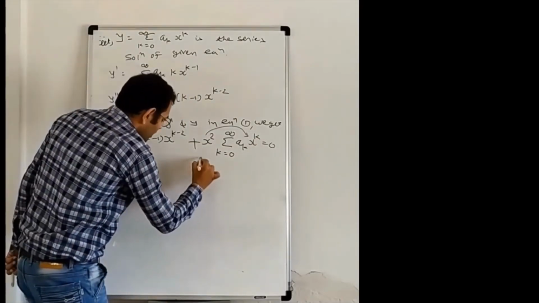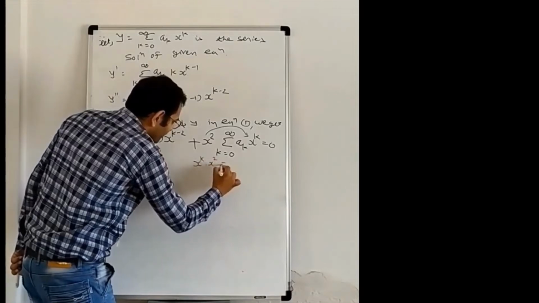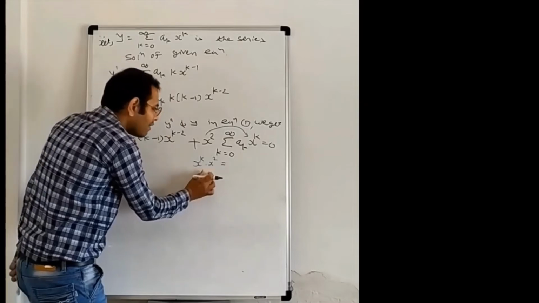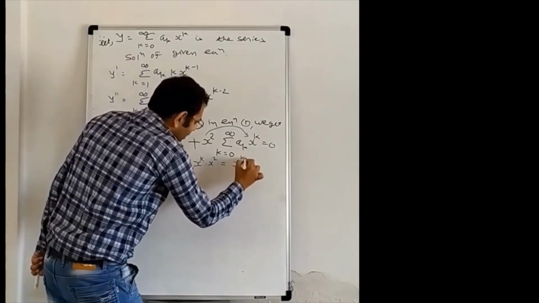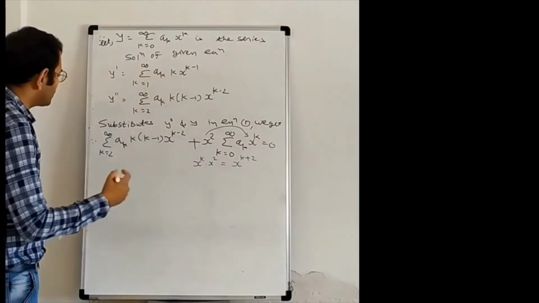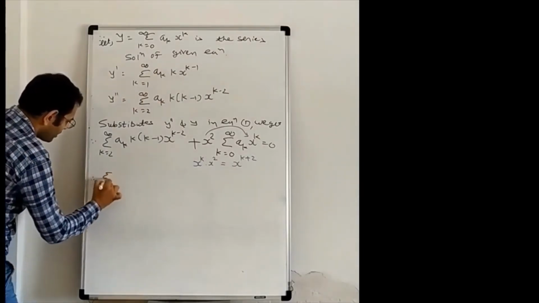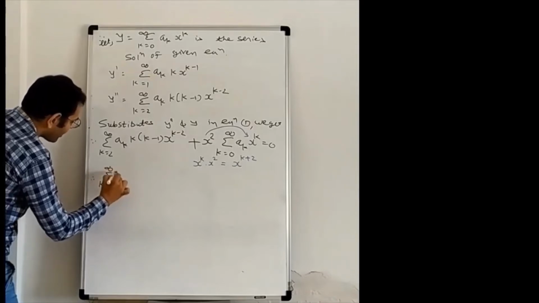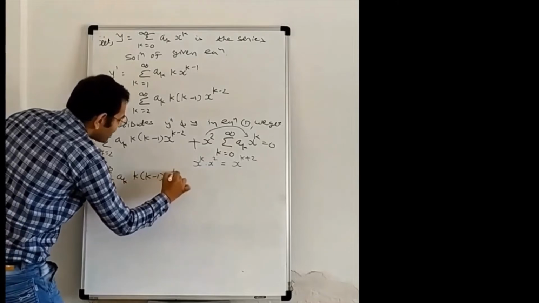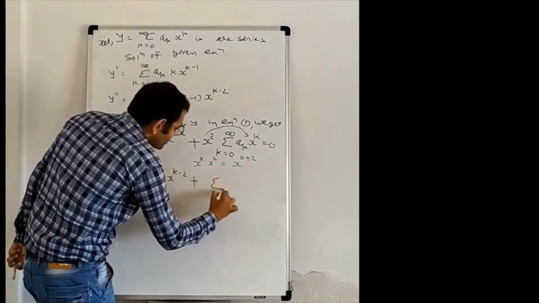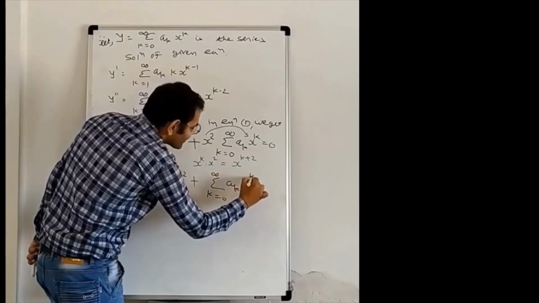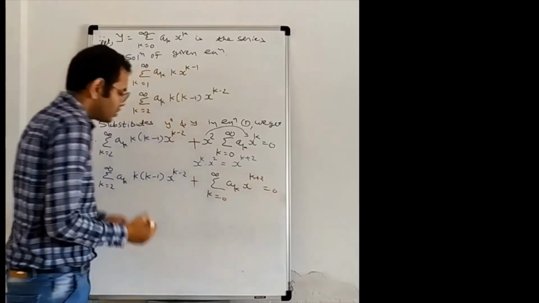Then x raised to k into x square, since the base is the same, the powers are added, so it becomes x raised to k plus 2. Then summation k equal to 2 to infinity ak k into k minus 1 x raised to k minus 2 plus summation k equal to 0 to infinity ak x raised to k plus 2 equal to 0.